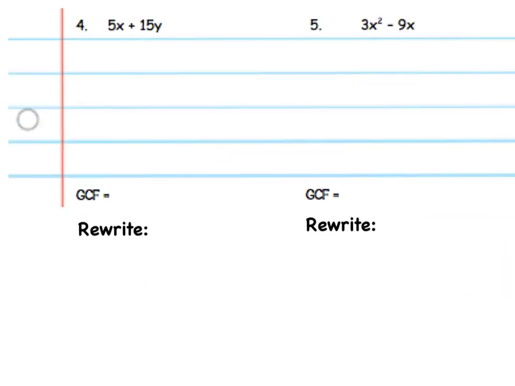Alright, we're doing the same thing, but notice this time we have coefficients involved in our terms. So let's look at the first one. We have 5x, and my second term is 15y. Alright, so numbers that multiply to 5: 5 times 1, and then I have just an x involved.